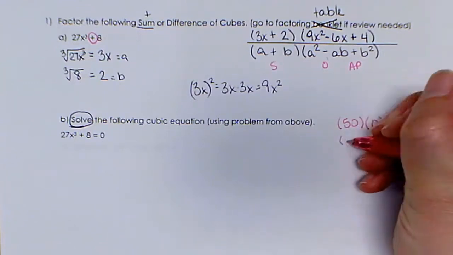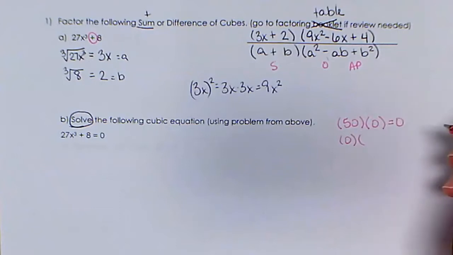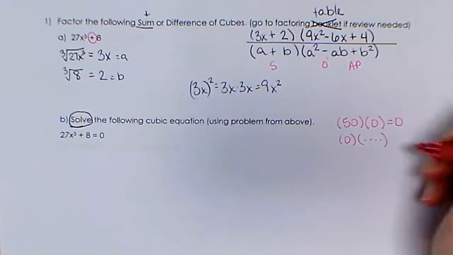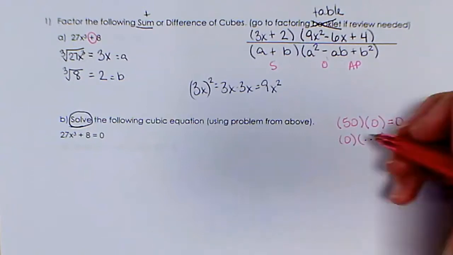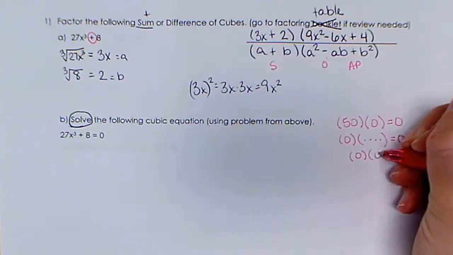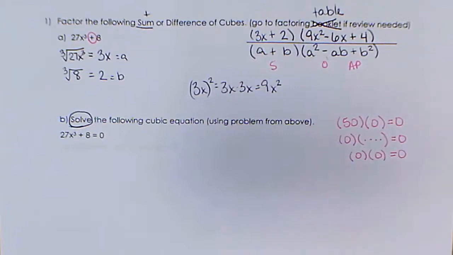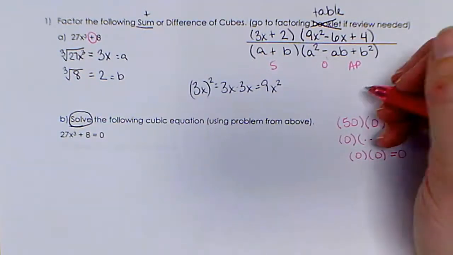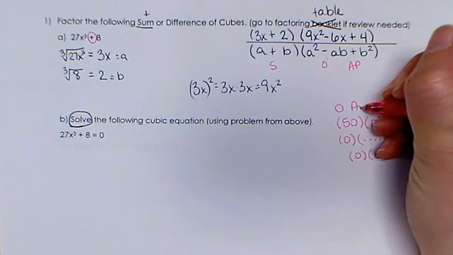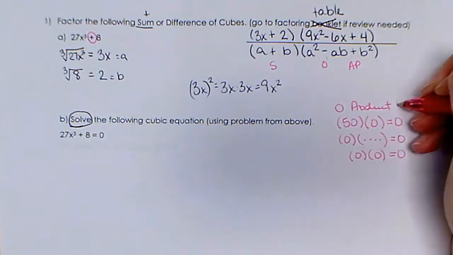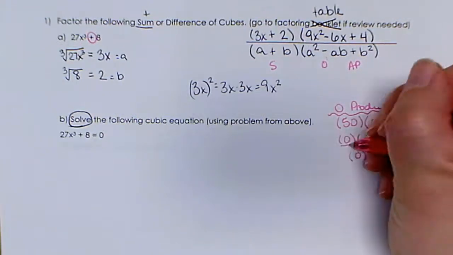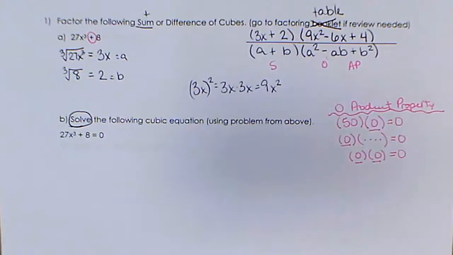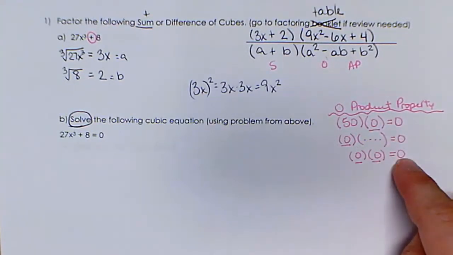If you have 0 times anything, then you're always going to get 0. And same thing if you multiply 0 times 0. Of course, you're going to get nothing. So the zero product property says that if you multiply 0 times anything, you will always get a product of 0.